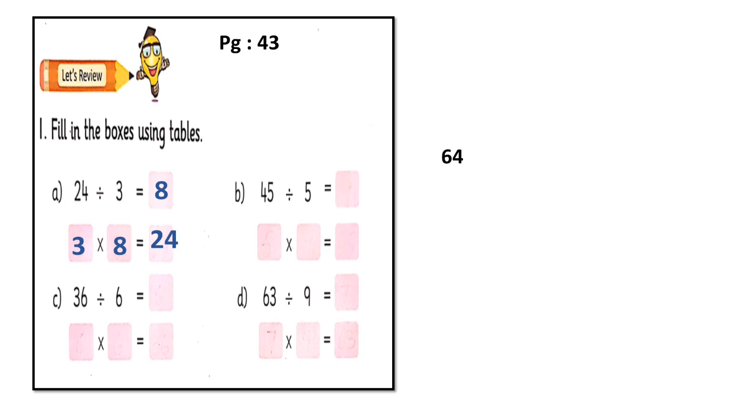Okay, let's see the next part. 45 divided by 5. How many times will we multiply 5 to get number 45? 9 times. It means 5 nines are 45. We'll write 5 multiplied by 9 is equal to 45. We can write the division sentence as a multiplication sentence as well.